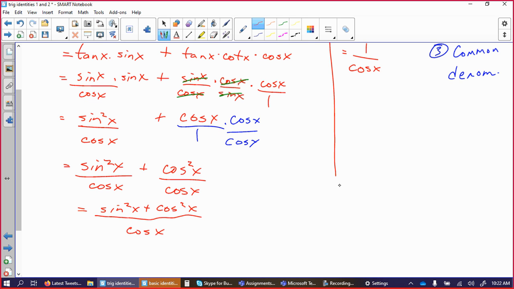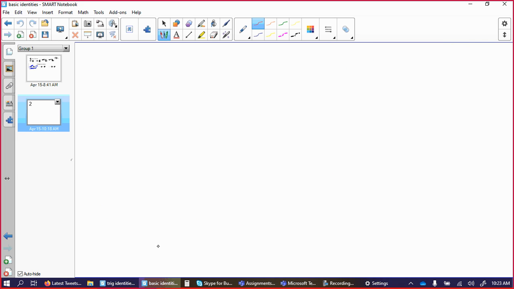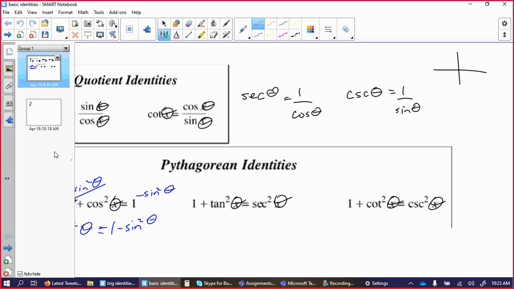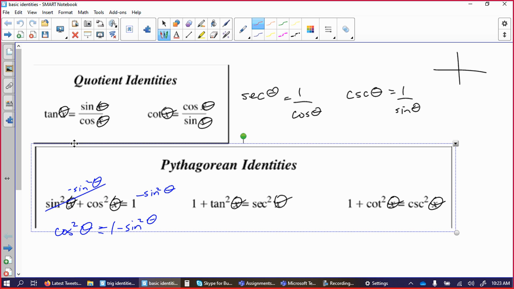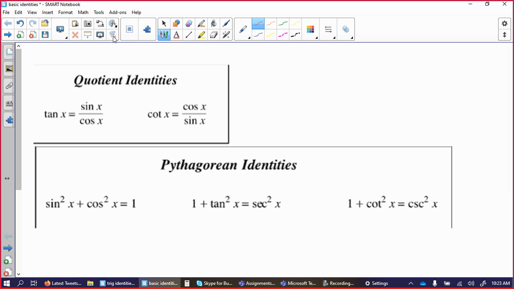Does anyone remember what sine squared plus cos squared equals? Tan squared, I think. Nope. Not plus, never mind. That's the sine squared plus cos squared. Sine squared x plus cos squared x equals 1.